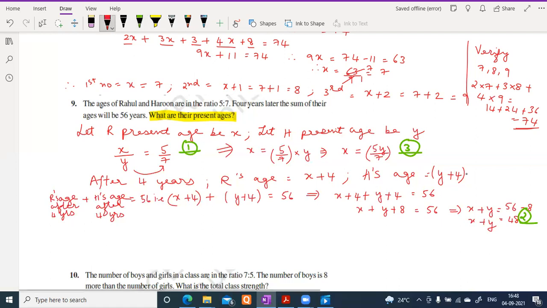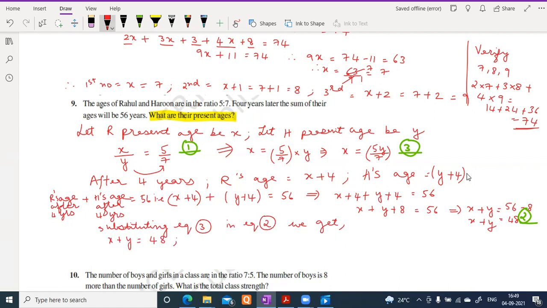Okay, so substituting equation 3 in equation 2, what do we get? We have equation 2 as x plus y equals 48.